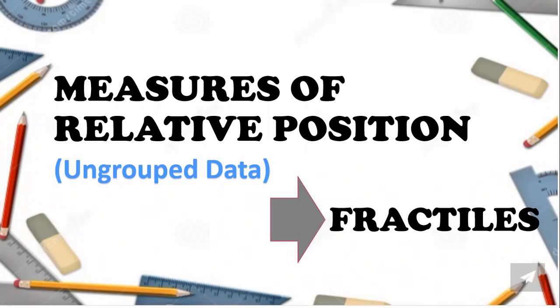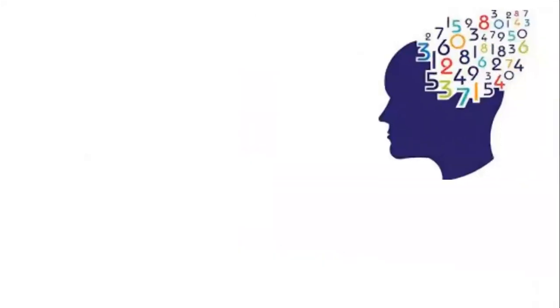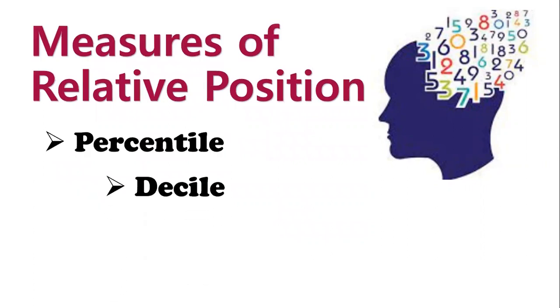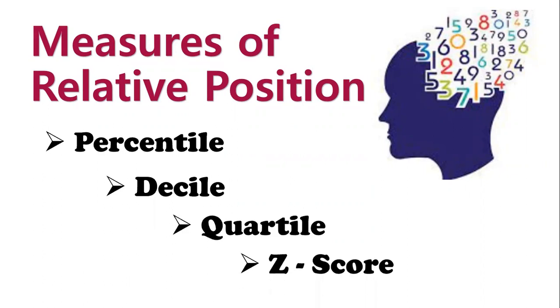Otherwise, you have grouped data. These measures of relative position include percentile, decile, quartile, and z-score.